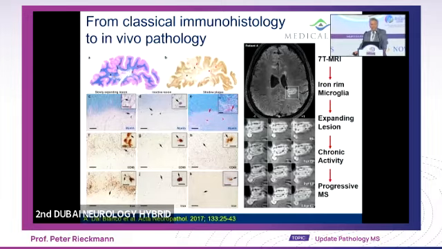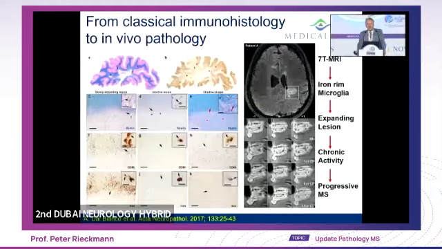Of course, we can translate that into the message of iron rim-loaded microglia, which can be seen here on a 7 Tesla MRI machine.